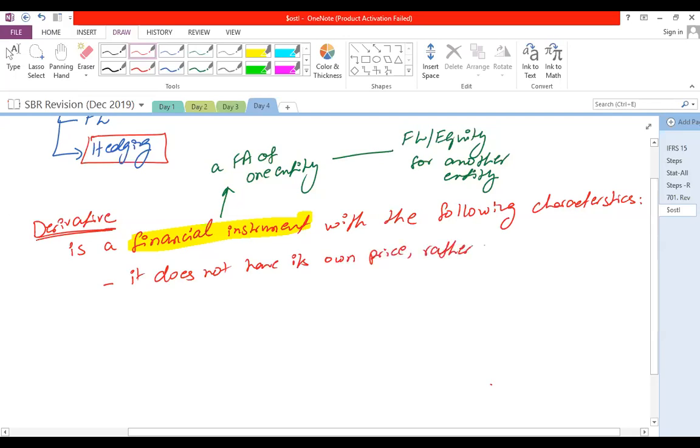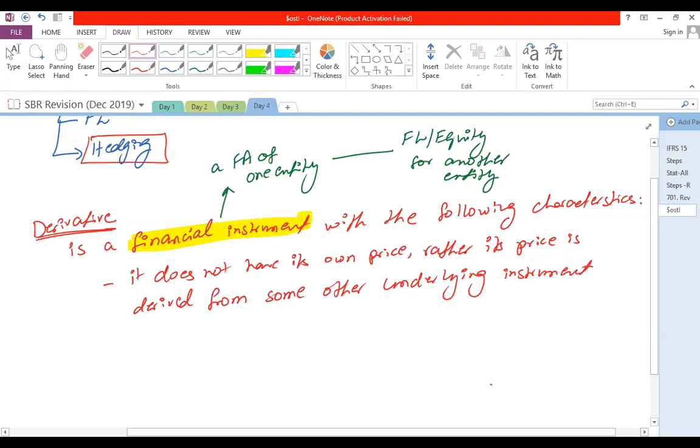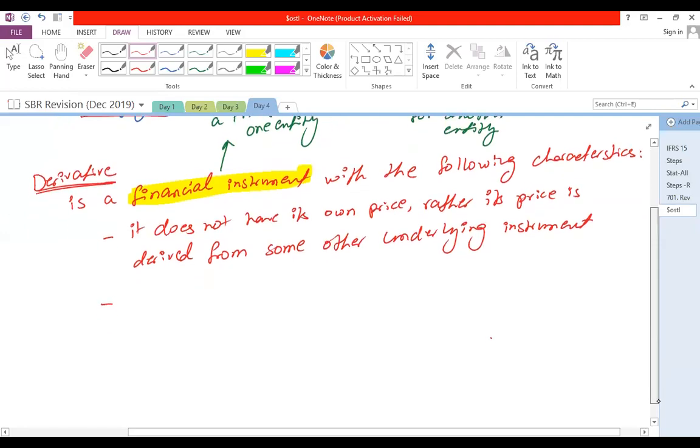Rather, its price is derived from some other underlying instrument. We will spend less time on studying the hedging and more time on the past papers because that will enhance the understanding of this topic.